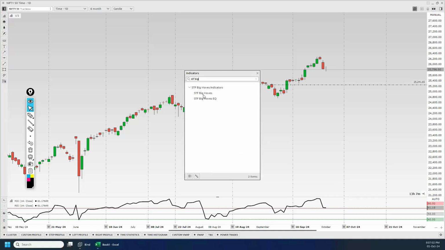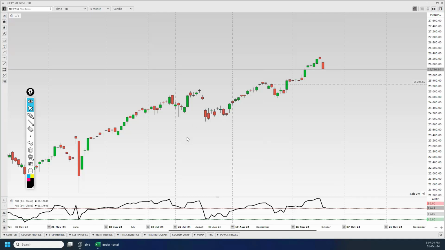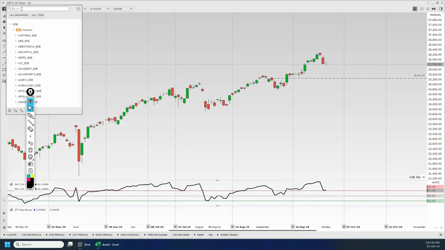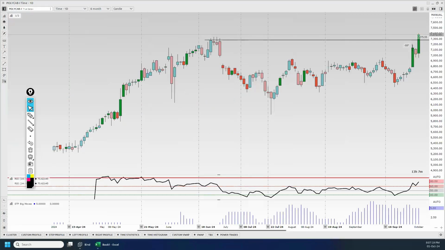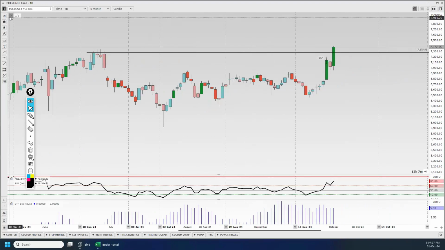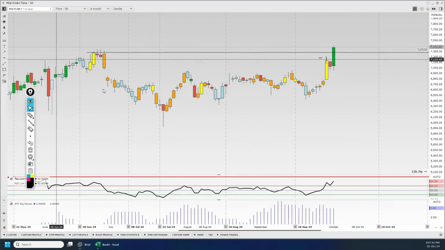This is for the FNO stocks, so I'll go with FNO here. And here I'll just pick any stock randomly, let's say Polycap. Now I really need to remove the trend direction, this one.